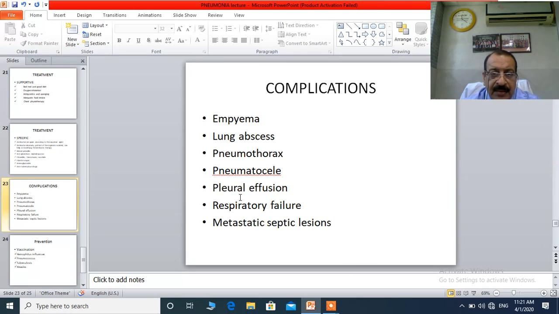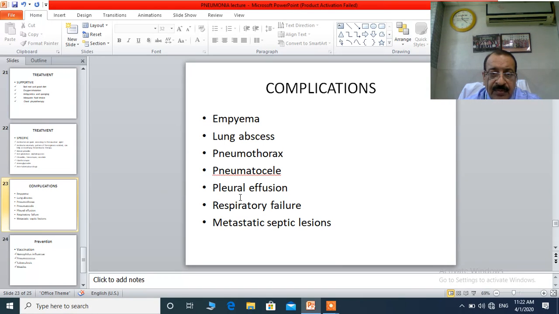Whenever there is empyema documented clinically and on X-ray or on ultrasound or CT chest, it will require drainage by putting in a tube. Daily aspiration of pus is not recommended, and this will be accompanied by long-term treatment with antibiotics, and this treatment may be required for 4 to 6 weeks.